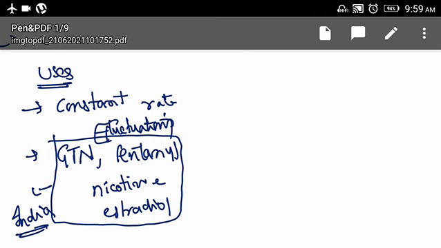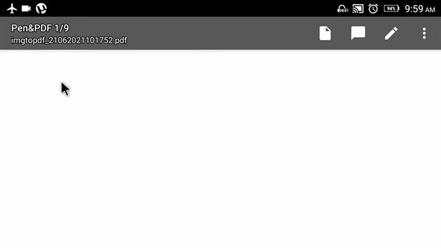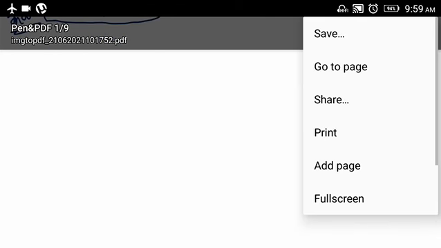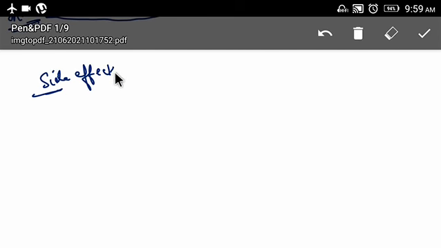If we talk about side effects, most of the time there will not be any side effects. These are seen only in some people. The main side effects are erythema over the skin, and sometimes even itching.